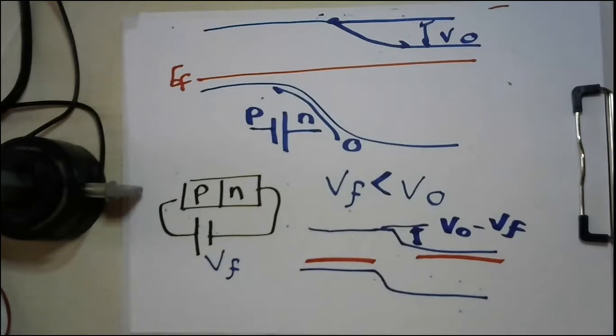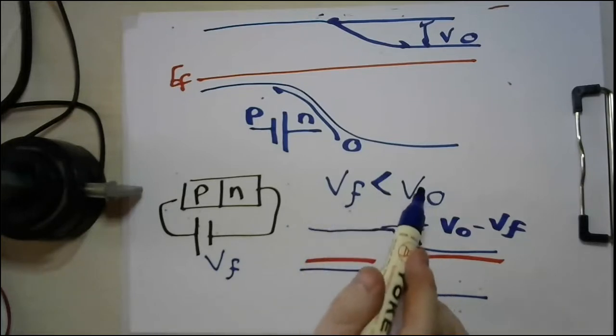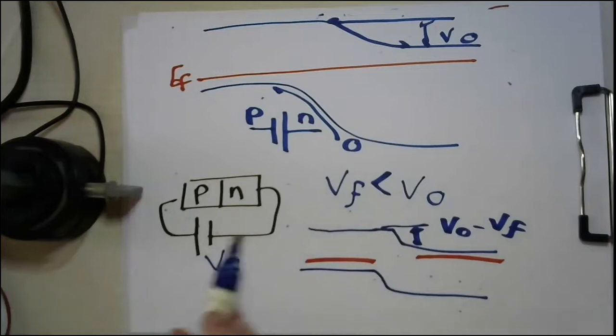So when I ask you in the exam, please plot the energy band diagram for forward voltage, forward bias. I have to mention, is it forward below V node or above V node? If it's below V node, then this is the case.